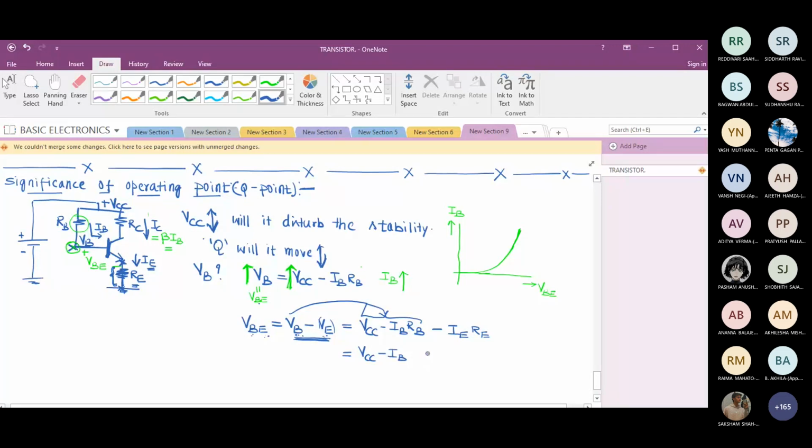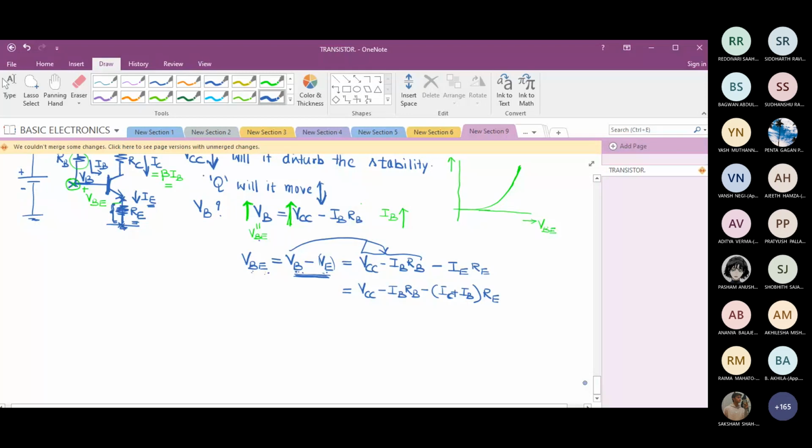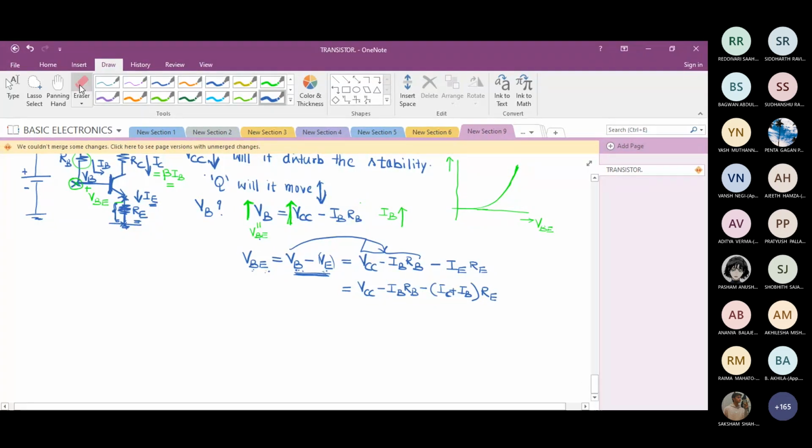Is IE equal to IC plus IB? Into RE. Can I write it like this? Is it fine? Any doubts in this? So this is our VBE potential.